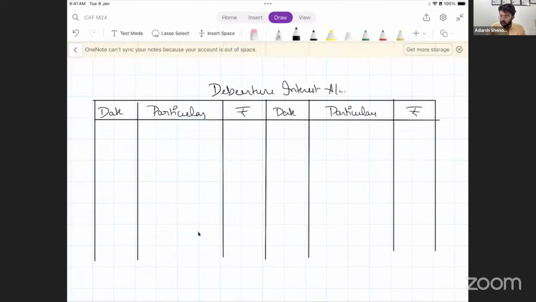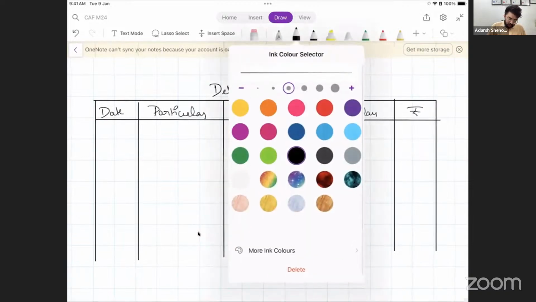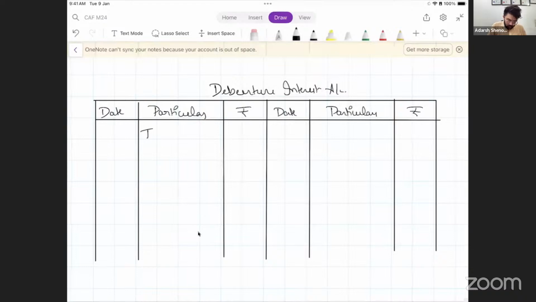So 10 lakhs into 6% into 2 by 12. 10,000 rupees, debenture interest account debit to bank account. Debenture interest account is being debited to bank account 10,000. Calculation 10 lakhs into 6% into 2 by 12. This is on 28-2-22.